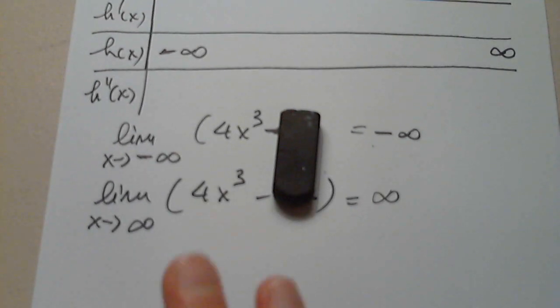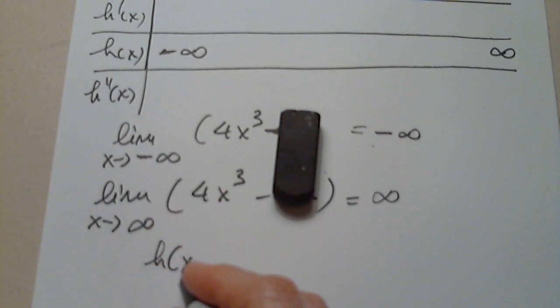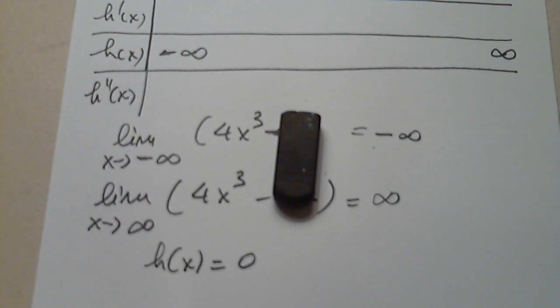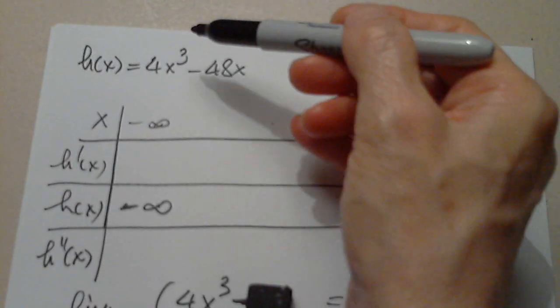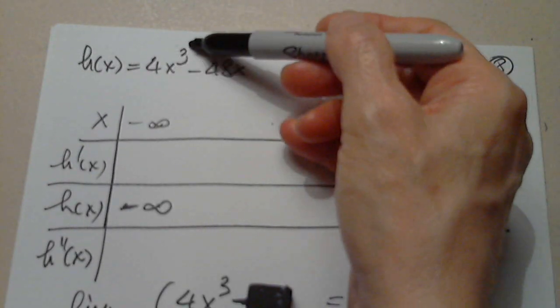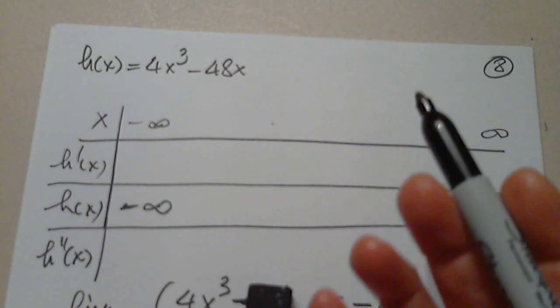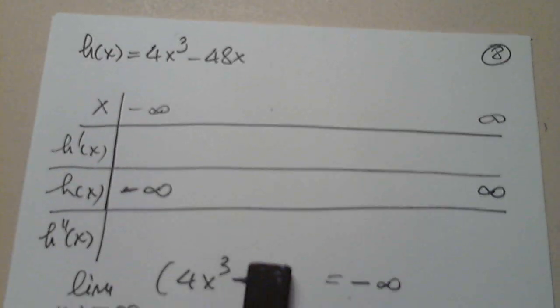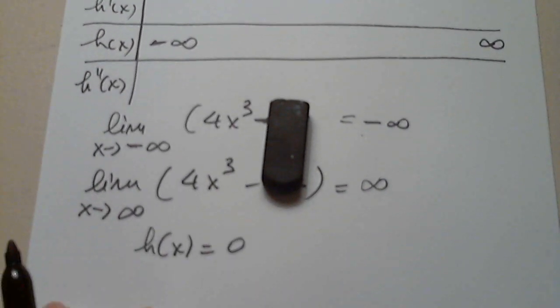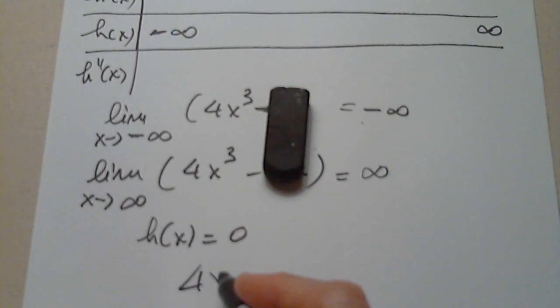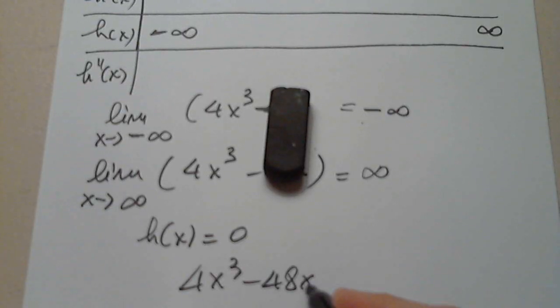Now I have to set it equal to 0 because I want to find the x-intercepts. And there must be 3 intercepts or 3 solutions. Maybe some of them are imaginary. I don't know. But I expect 3 solutions. So 4x to the third minus 48x equals 0.